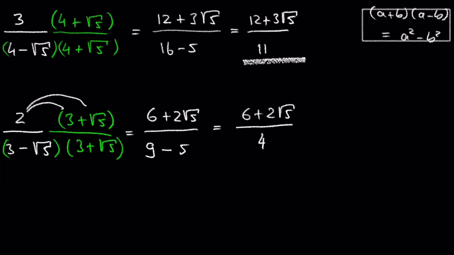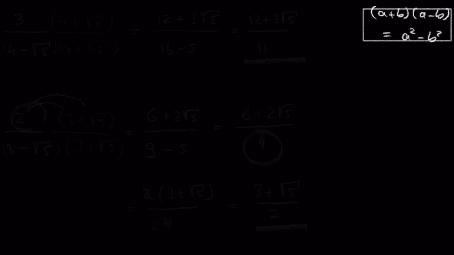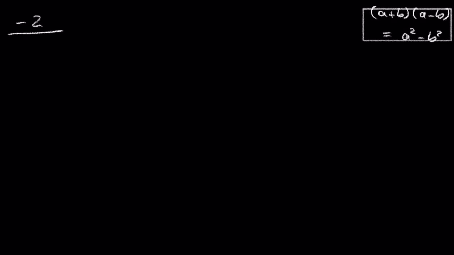We see in this example that sometimes it's better not to multiply the numerator. So we keep the 2 times 3 plus the square root of 5, and after cancelling out the 2 and 4, we get 3 plus the square root of 5 over 2. Negative 2 over 3 minus the square root of 5.